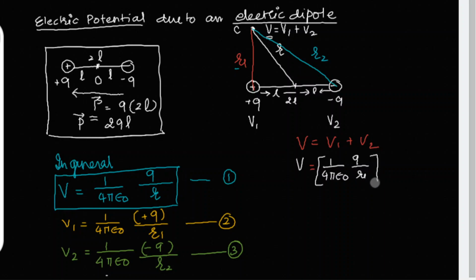This is the expression for V1. The plus sign stays as it is from the formula, and then V2's value: 1 upon 4 pi epsilon 0, minus Q, and we have to mention this minus sign here, divided by R2.